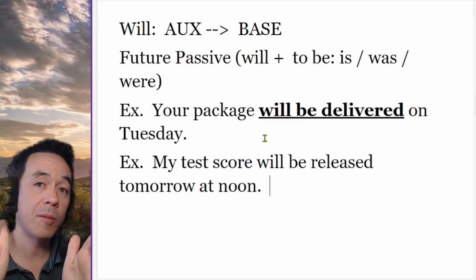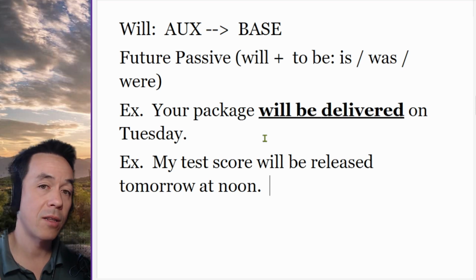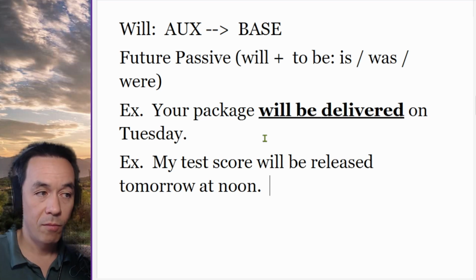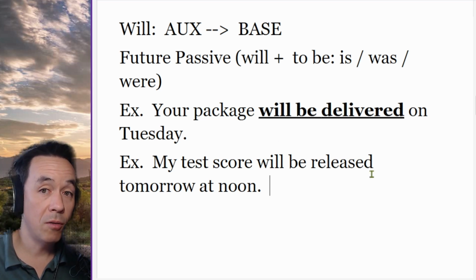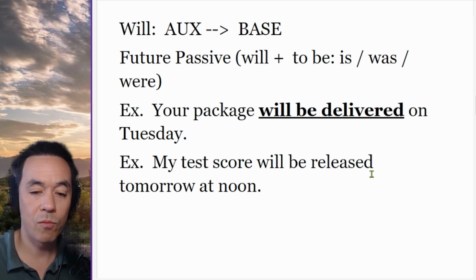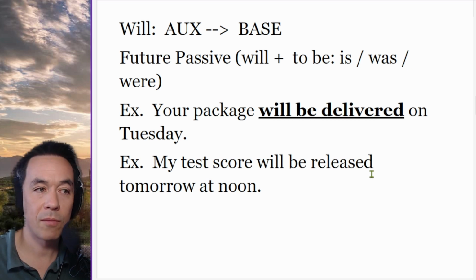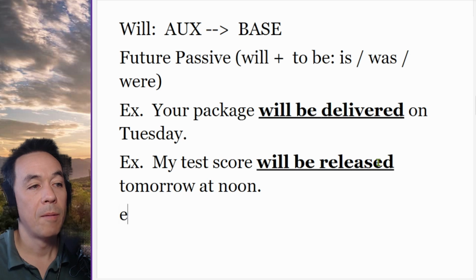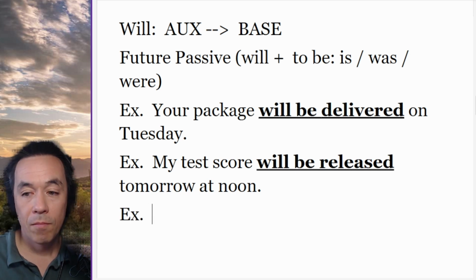It will be released online or on a website at noon tomorrow. Who? I don't know. The school, or the class, or the school system, or the website. It will be released.